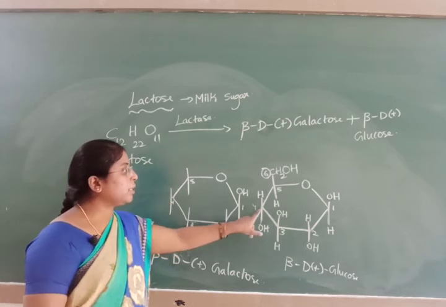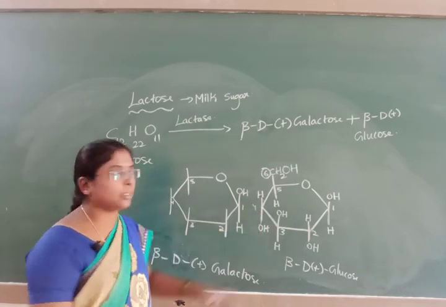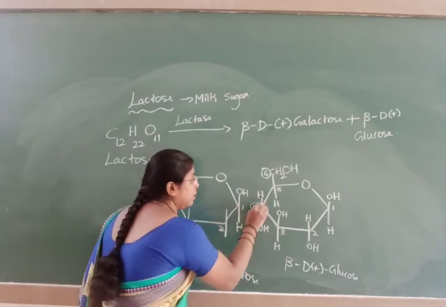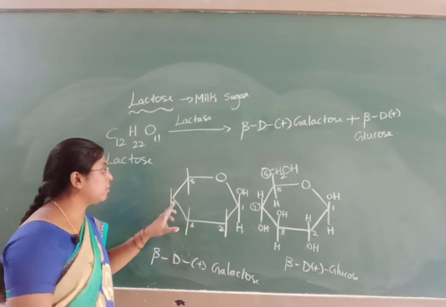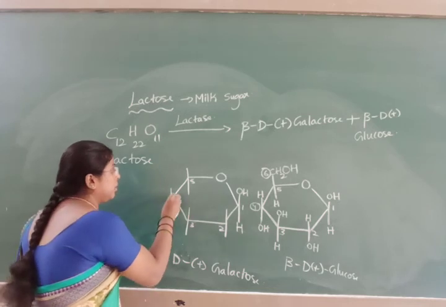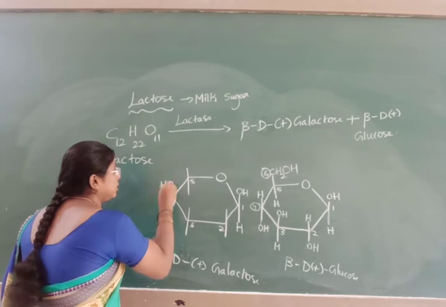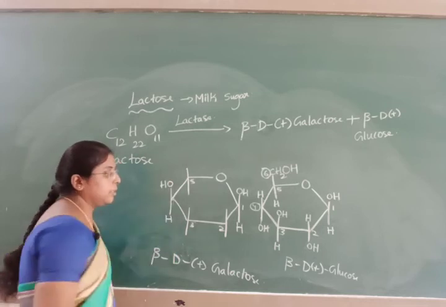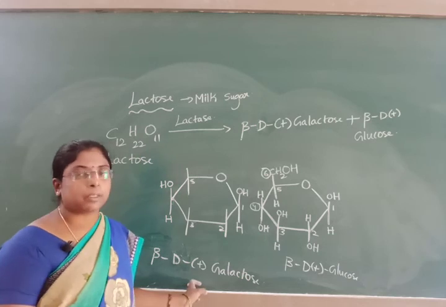In beta D plus glucose the fourth carbon has HOH, while in galactose at the fourth carbon atom, instead of HOH it will be OHH. This is the difference between beta D plus glucose and beta D plus galactose.